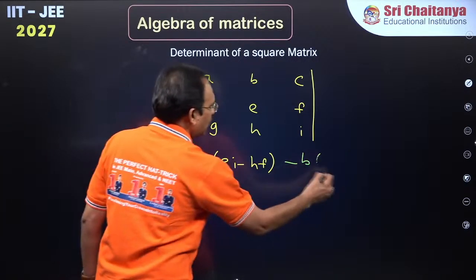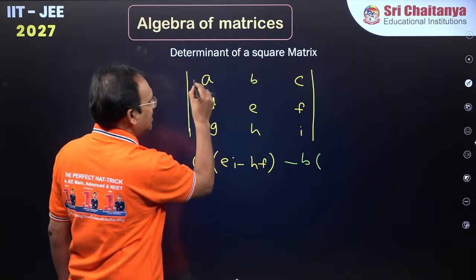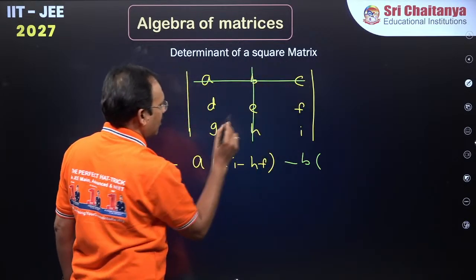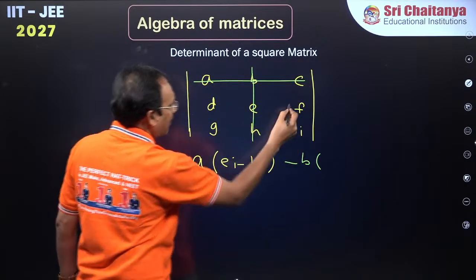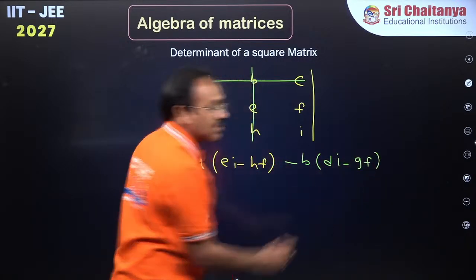Now, you remove this row and this column, you just imagine this row and this column are removed: DI minus GF. This is step 2.